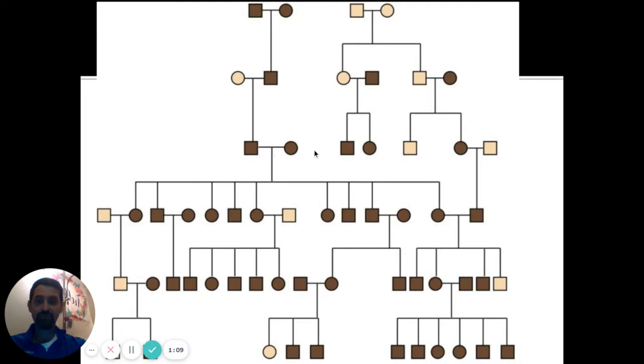And we can see these two individuals here had 1, 2, 3, 4, 5, 6, 7, 8, 9, 10 offspring. And if we knew that some of these people had a particular trait, and we wrote down who had that trait, we could track how that trait was handed down through multiple generations to see if it was a dominant trait or recessive trait.